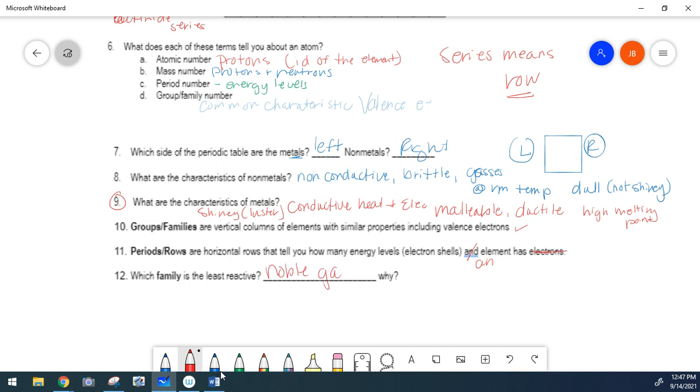Noble gases. Why? Valence shell is what? Already full. Yeah, valence shell, or you could say outer shell, fine too, right? Already full.